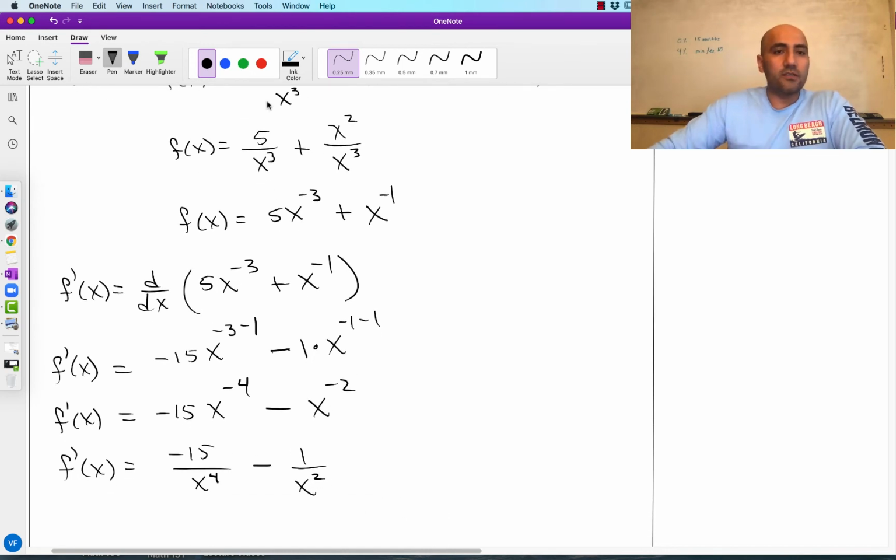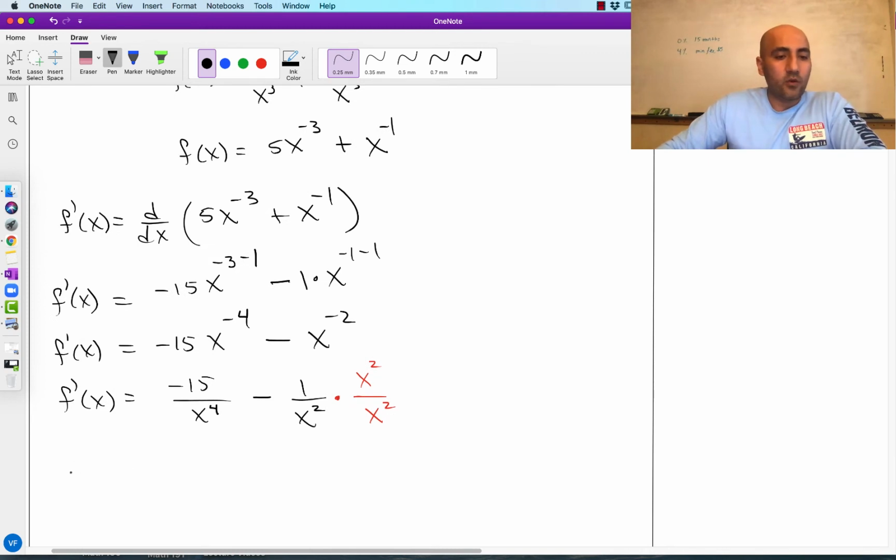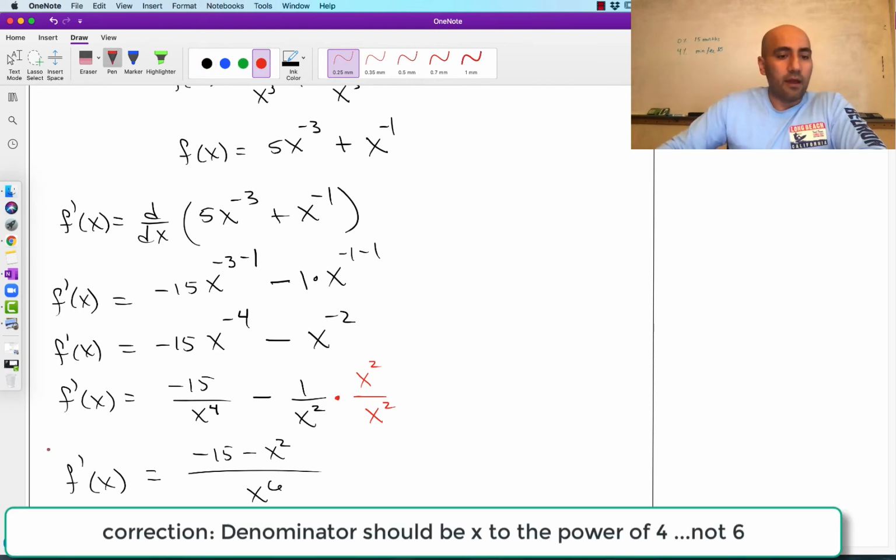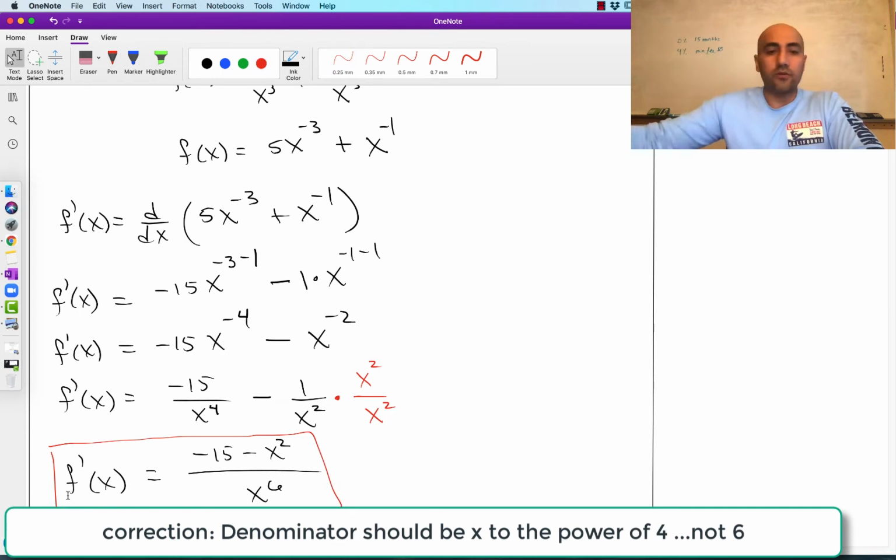And then just to bring it all together into one big happy fraction, we could multiply that by x squared, get a common denominator of x to the 4th power. And so we would conclude that the derivative is equal to negative 15 minus x squared all over x to the 6th power. Okay, a perfectly good way to do it. Perfectly great way to do it.